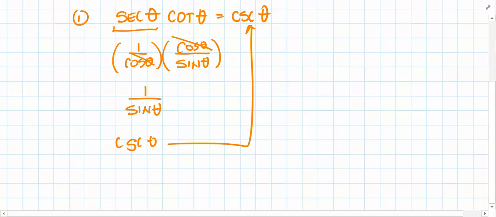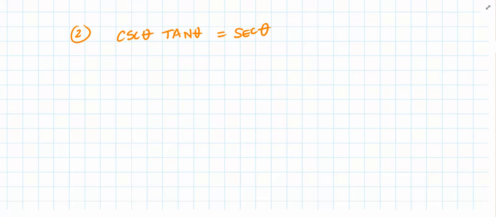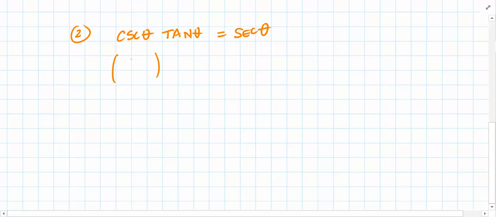All right, cosecant theta times tangent equals secant theta. All right, first of all, which side do you want to work with, the left or the right? Left? Let's work with the left. I agree. More stuff over there. Anybody see anything we could do? 1 over sine. Good. Cosecant is equal to what? 1 over sine theta. Very good.